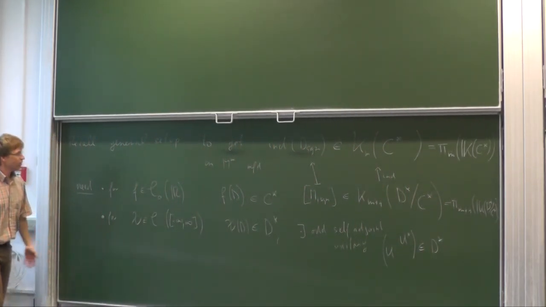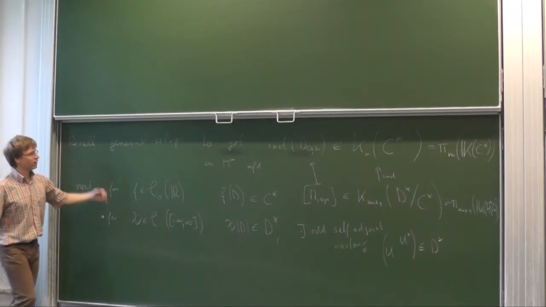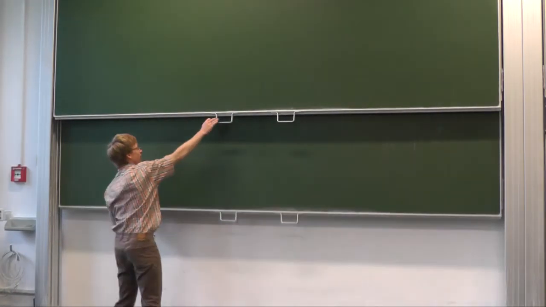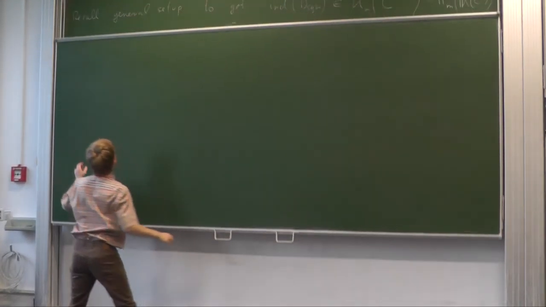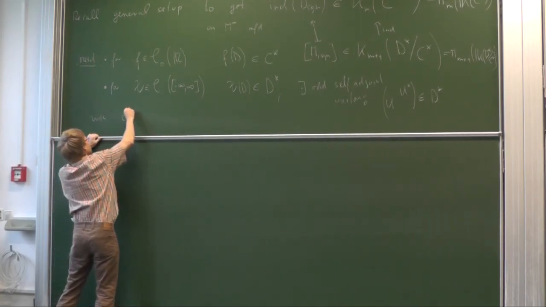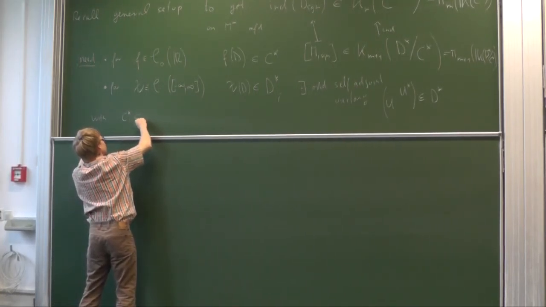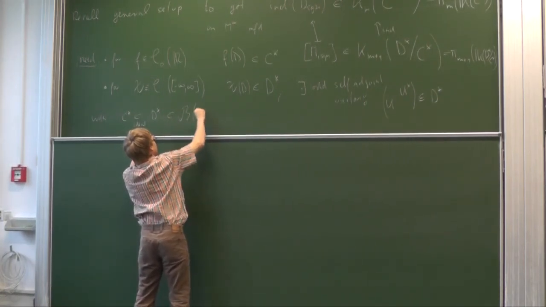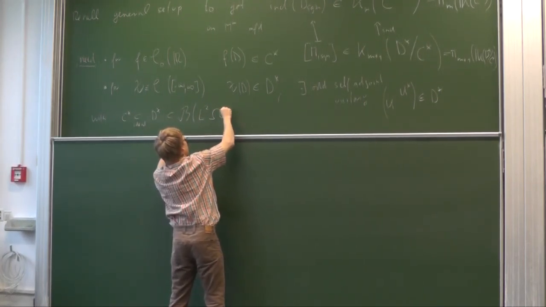That's the general setup. We need C star and D star. C star an ideal, and D star, and I put all of this in bounded operators on L2 of forms.